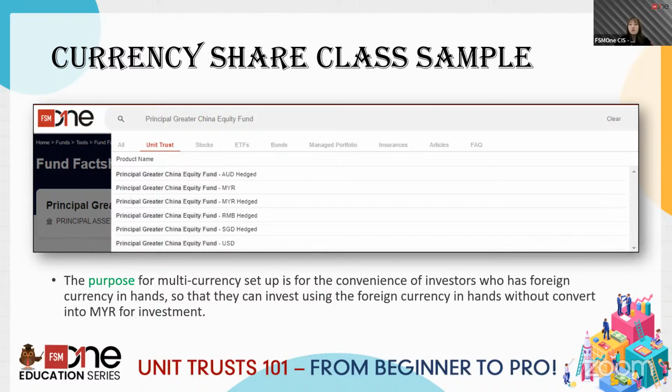So the purpose of the multi-currency setup is for the convenience of the investor who has a foreign currency in hand, so that they can invest using the foreign currency in hand without converting into Malaysia ringgit for the investment. So we suggest an investor to invest using the currency on hand that they have and not purposely convert and invest in a different currency class, because you will suffer losses on the foreign exchange rate.